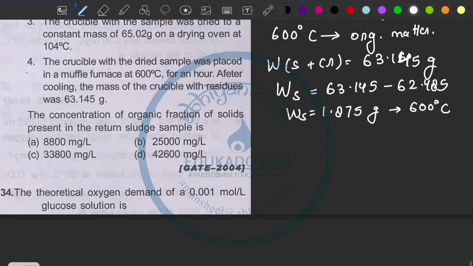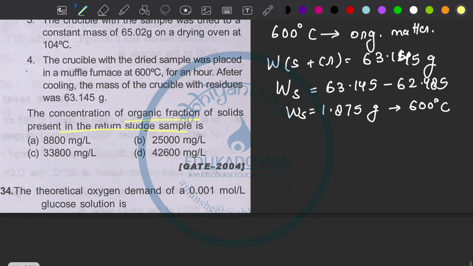They want the concentration of the organic fraction of solids present in the sludge sample. See, the weight of sample is this, right? Okay, now this is the organic sample that was removed, so this is the weight.